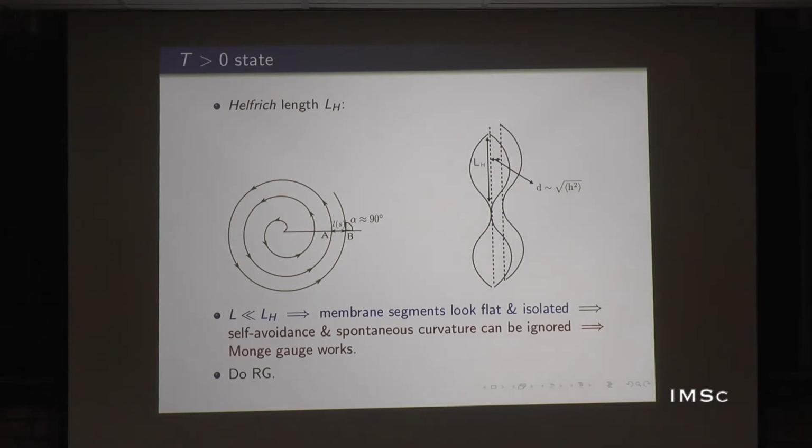If they are not touching each other, there is no hassle over self avoidance. So, the standard analysis for an isolated membrane in terms of the Monge gauge works perfectly. So, you can apply the standard renormalization group method, which I will not describe, to extract the physics valid within scales smaller than L sub h.